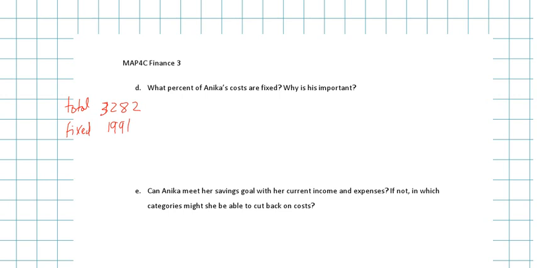So divide 1,991 by 3,282, and then you times it by 100 to get the percentage. So that should be about 60.7%. So 60% or 61% of her expenses are fixed.